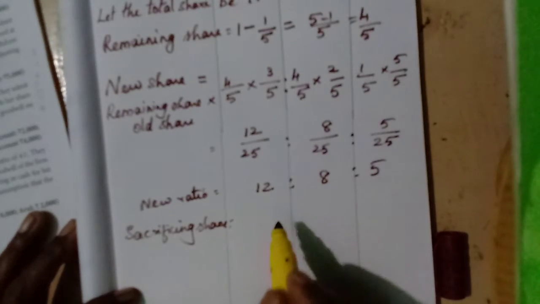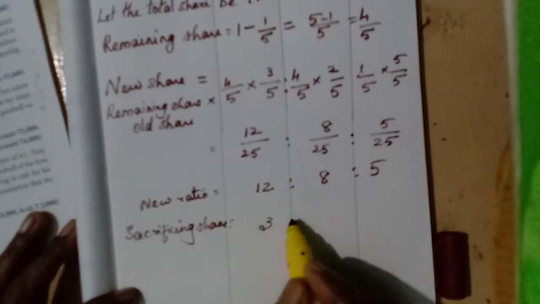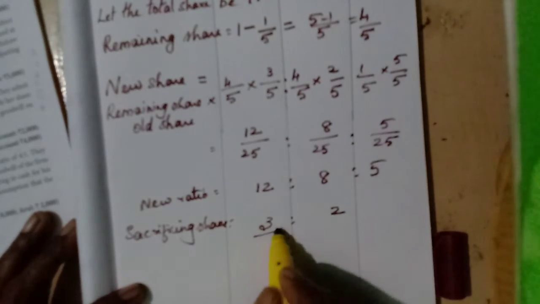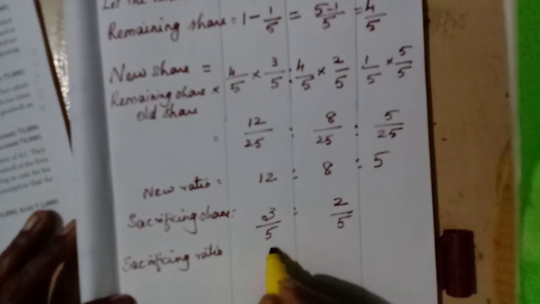Then sacrificing share. The same old share only. Okay, 3:2. The share means 3/5, 2/5. Then sacrificing ratio, 3 is to 2. Same only. Okay. New share and sacrificing share.